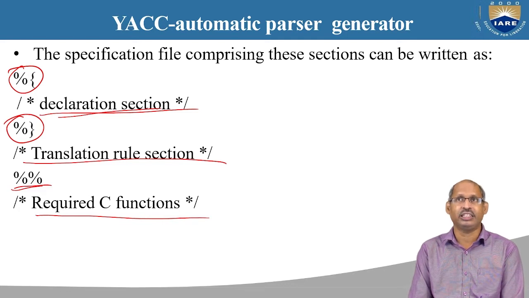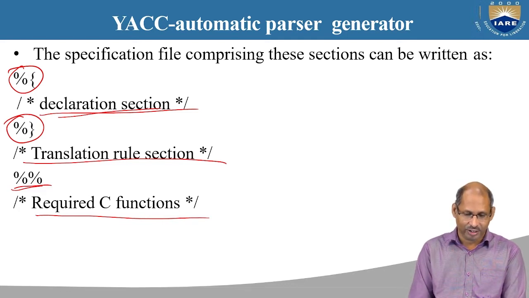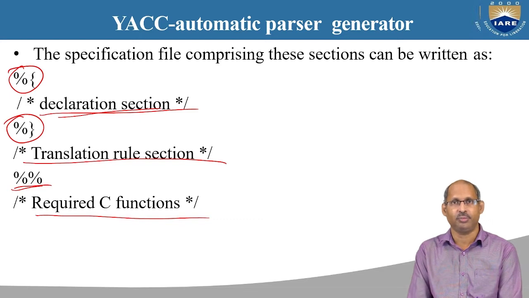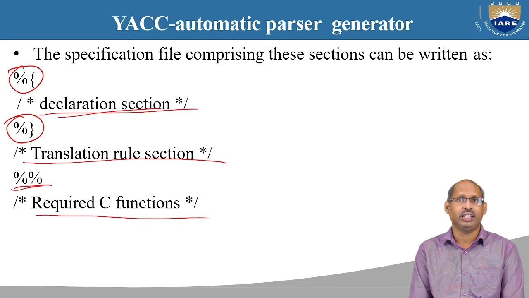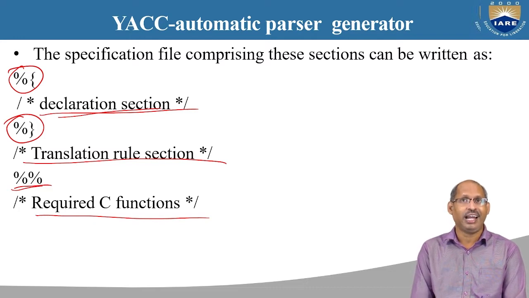All such routines and functions are defined in this third part. So the required C functions are defined in the third part. Right? So these are the three divisions in the input file of YACC, which generates the LALR parser.